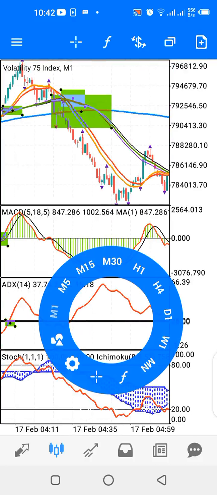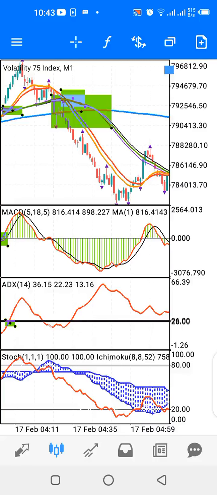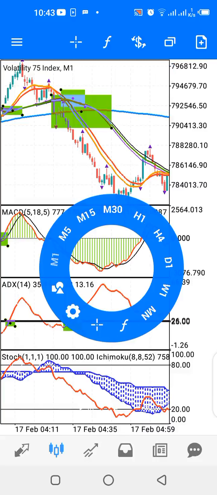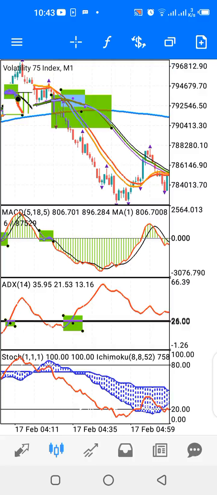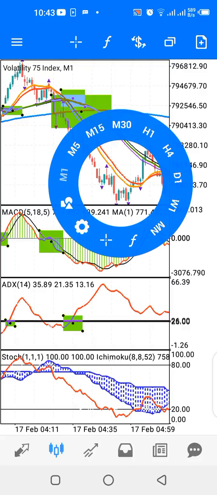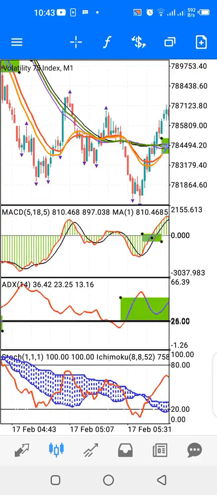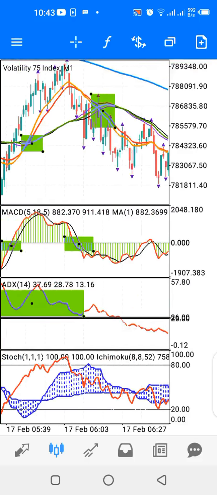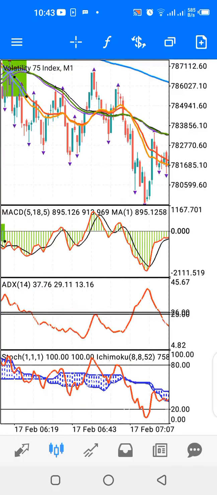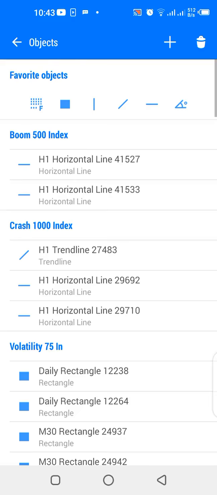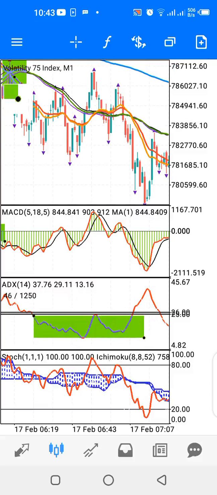So this is another scenario. What happens? You have a sell. Sell just happened around here. And you also have a sell on the main chart. So that's basically how to use it. Like around here, you stay out of action, since most of the line is below the 25-26 level.